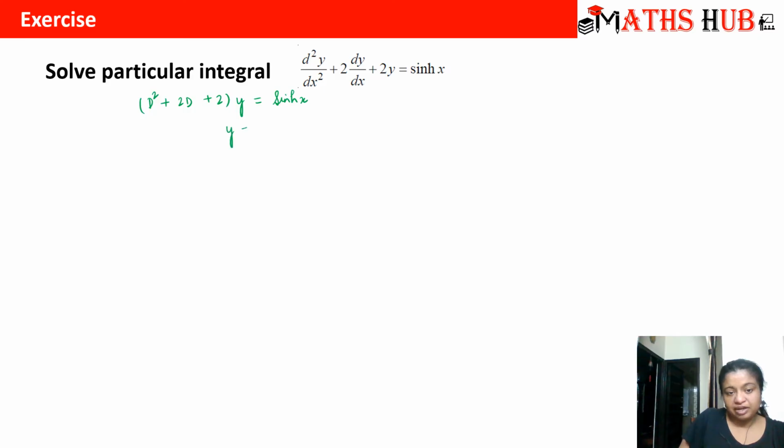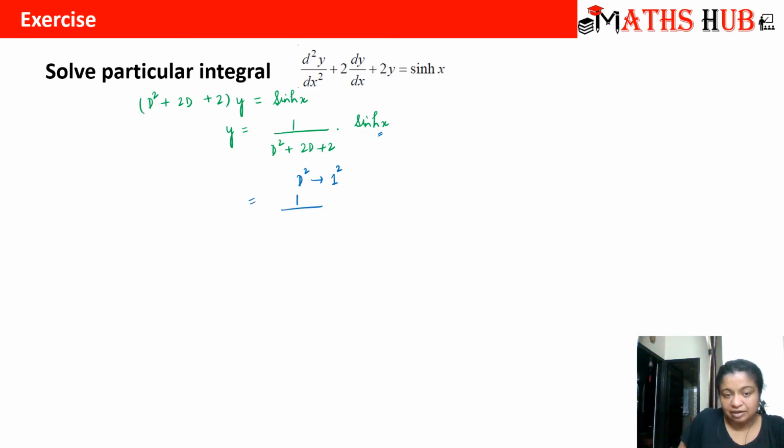So from here we get y is equal to 1 by (D square plus 2D plus 2) times sine hyperbolic x. According to the rule, we will replace D square with plus a square. Here, when you compare it with sine hyperbolic ax, a is 1, so now let us replace it.